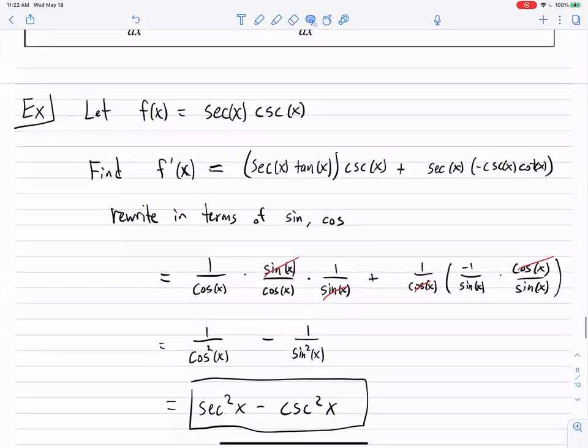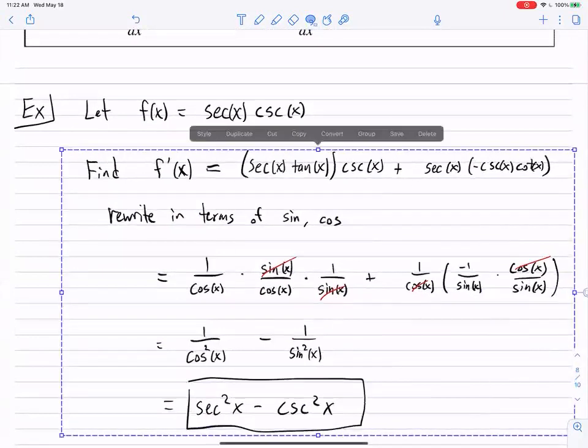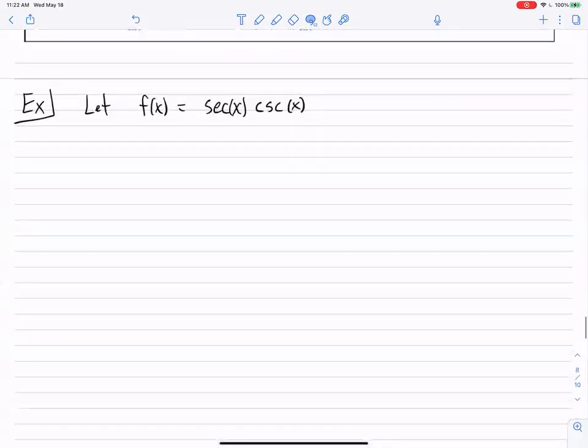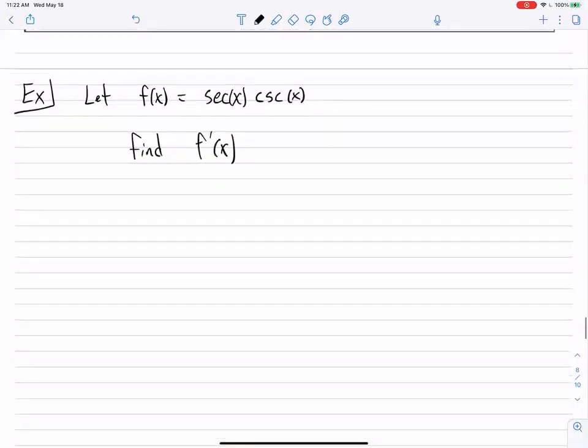Actually, I wanted to do this example. Let me erase this real quick. So let's do one final example. Let's find f prime of x. So the way we're going to find f prime of x is by the quotient rule.